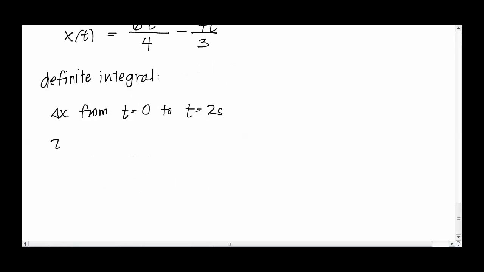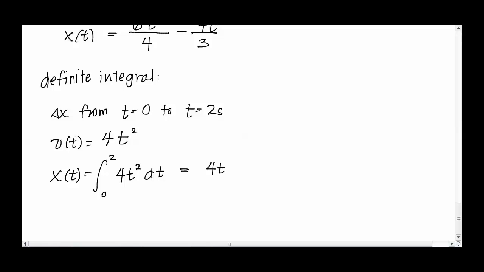So if you want to find the change in position, let's say for example 4t squared, your position function would be the integral from 0 to 2. So we write our limits on that scripty S, where the beginning limit is notated on the bottom and the ending is on the top. So it's 4t squared dt.